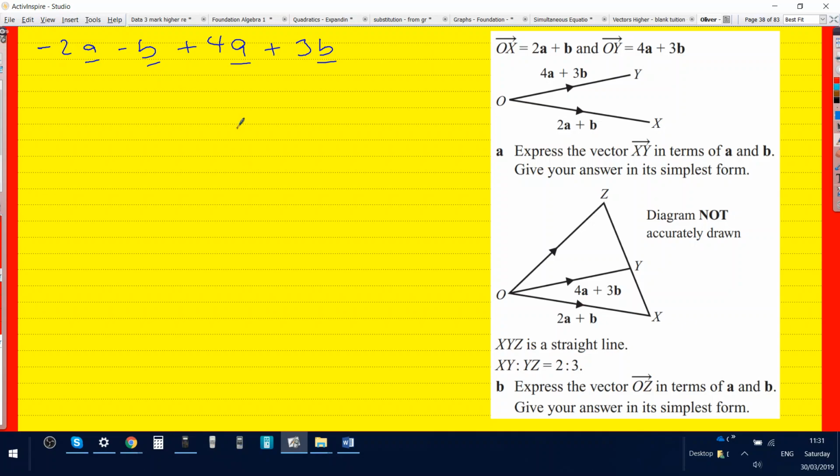Okay, so it's just 2a plus 2b. So x to y is 2a plus 2b.